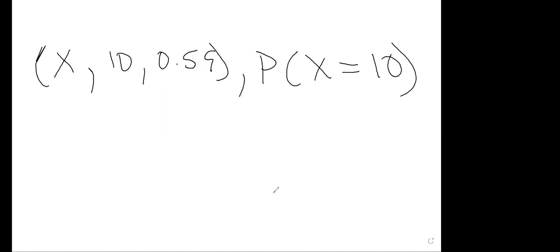So you can use a Google calculator. Binomial distribution calculator.